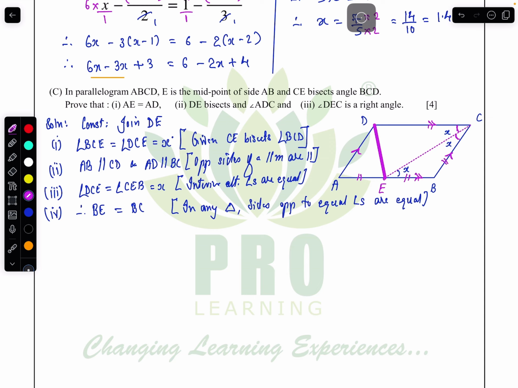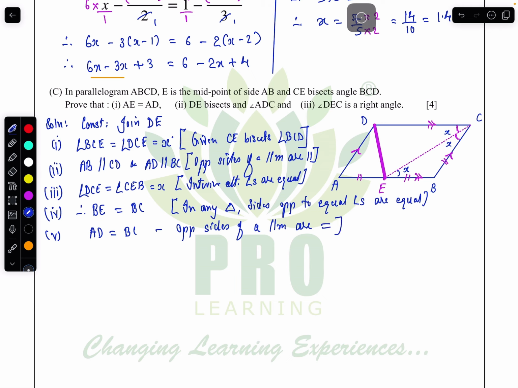We already knew the piece that BC and AD are equal. AD is equal to BC, and this is because opposite sides of a parallelogram are equal.